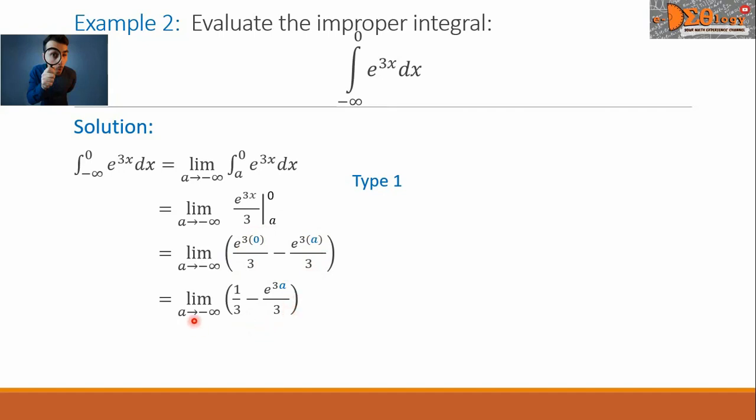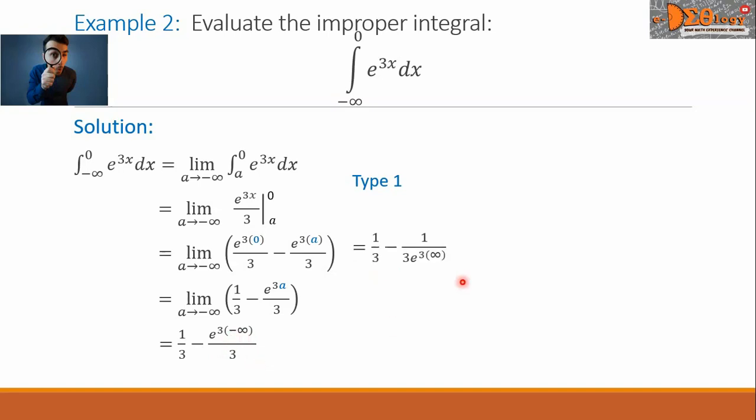Let us now evaluate the limit when a approaches negative infinity. Let us substitute this negative infinity to a. So we will have this result. In the e raised to 3 times negative infinity, we want this exponent to be positive, so we will rationalize it and put it in the denominator.